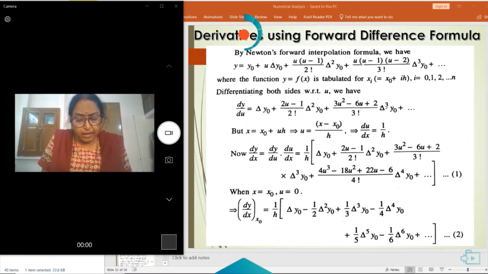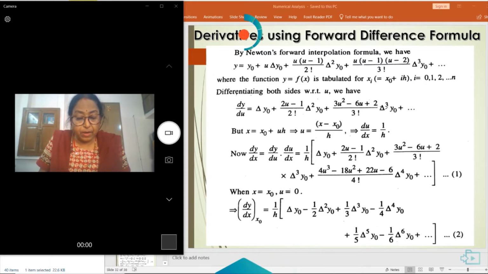Differentiating both sides with respect to x, that is, differentiating Newton's forward formula, dy by du: when we differentiate y0 with u, it becomes 0. Then u into delta y0, differentiation of u with respect to u is equal to 1.